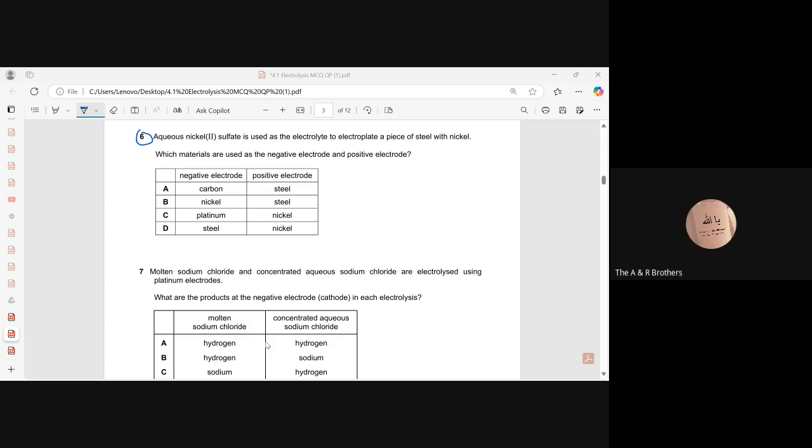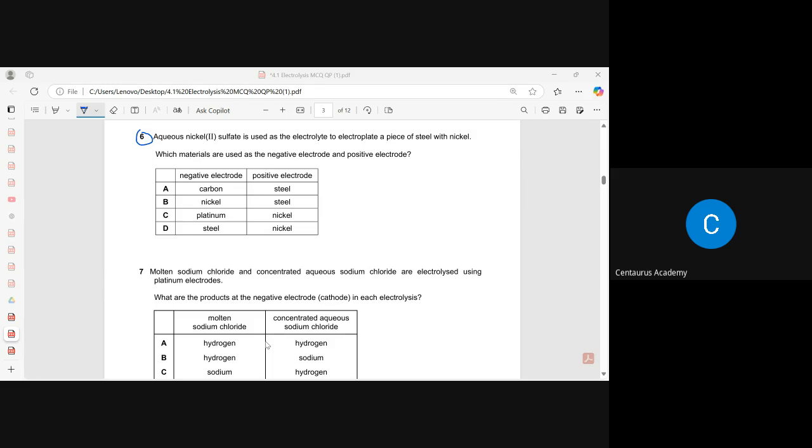Yes, so basically the object has to be placed always onto the negative electrode. And the one which you have to electroplate it with has to be on the positive electrode.